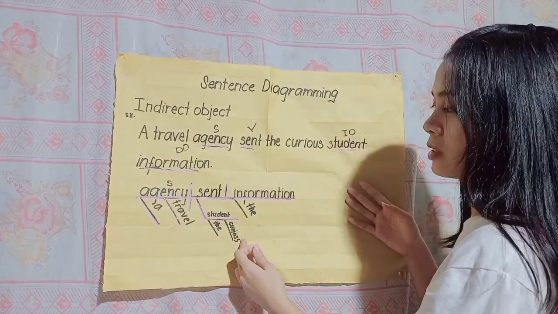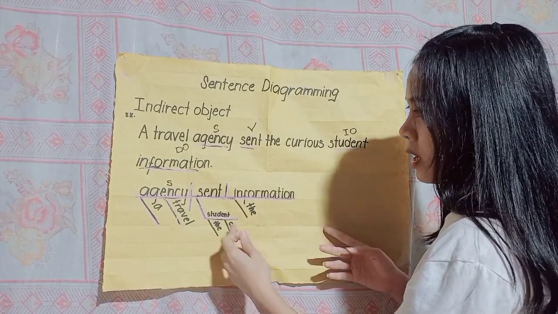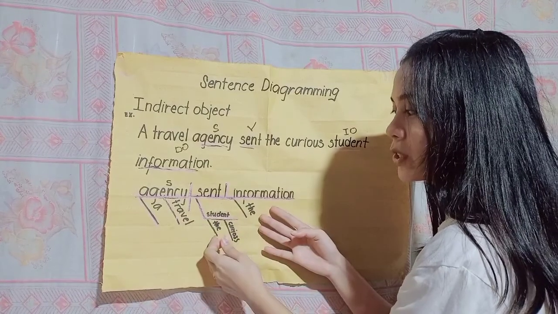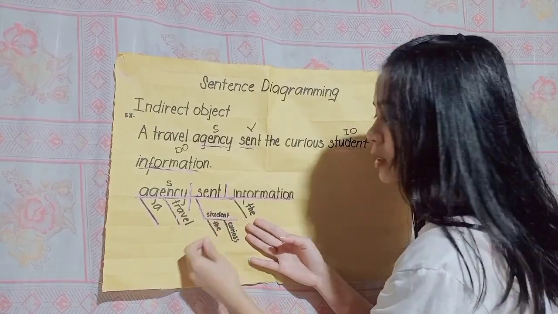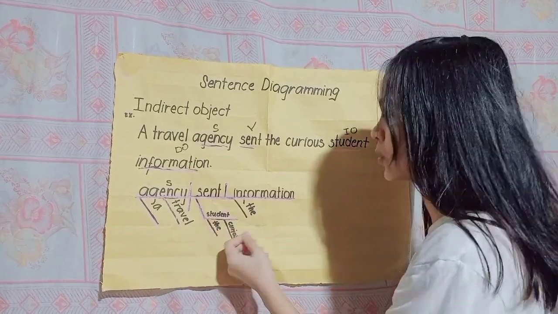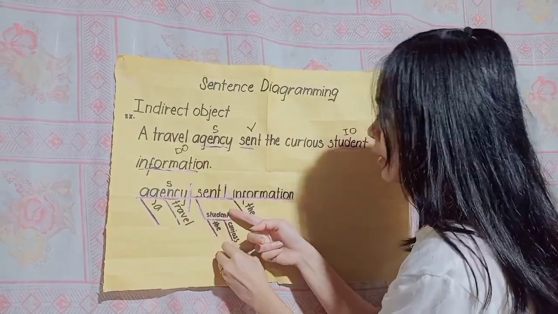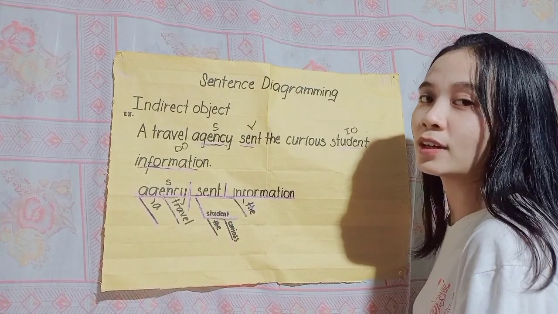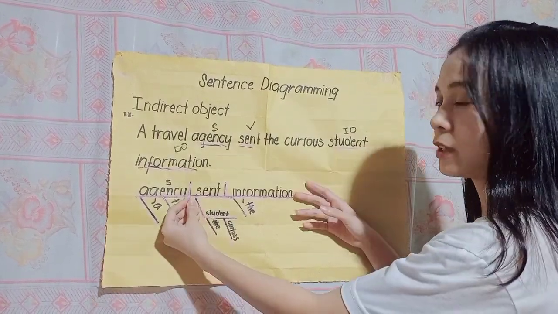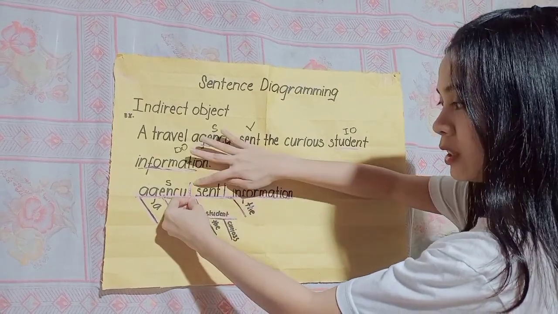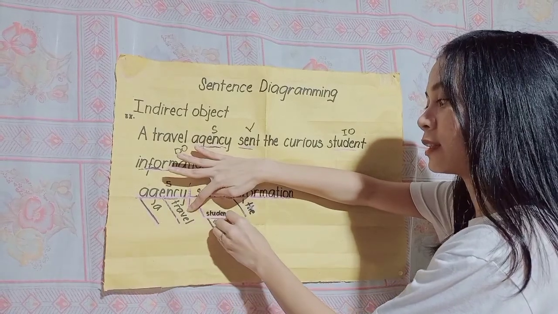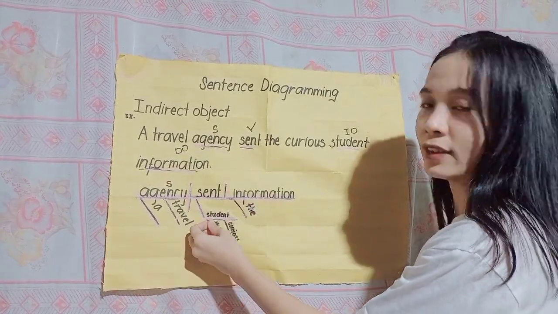After that was the curious, which describes the student, the curious student. That's how we diagram an indirect object sentence. Always remember that diagonal and then the horizontal line after you write the indirect object.